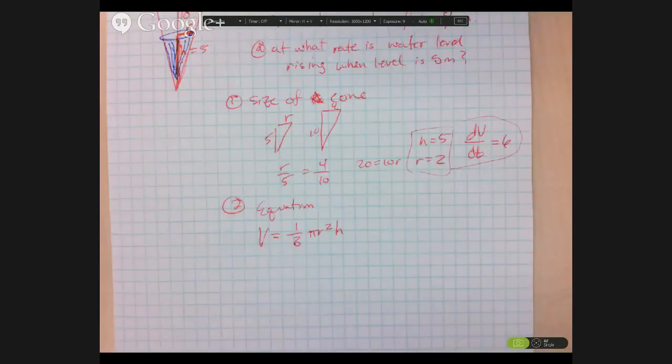It says it fills at 6 cubic meters per minute. Wrong problem. We're not working on this. We're in a completely new problem with completely new data and information.